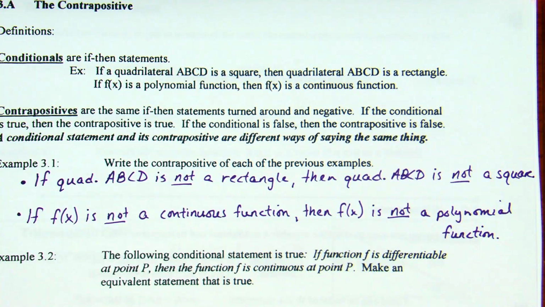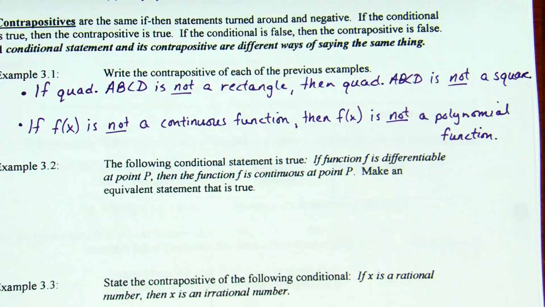Example 2. The following conditional statement is true. If function f is differentiable at point P, then function f is continuous at point P. Again, continuous, differentiable, they're throwing calculus things in at you, but you don't have to know anything about those right now. They're just saying that if the statement is true, make an equivalent statement that is true.